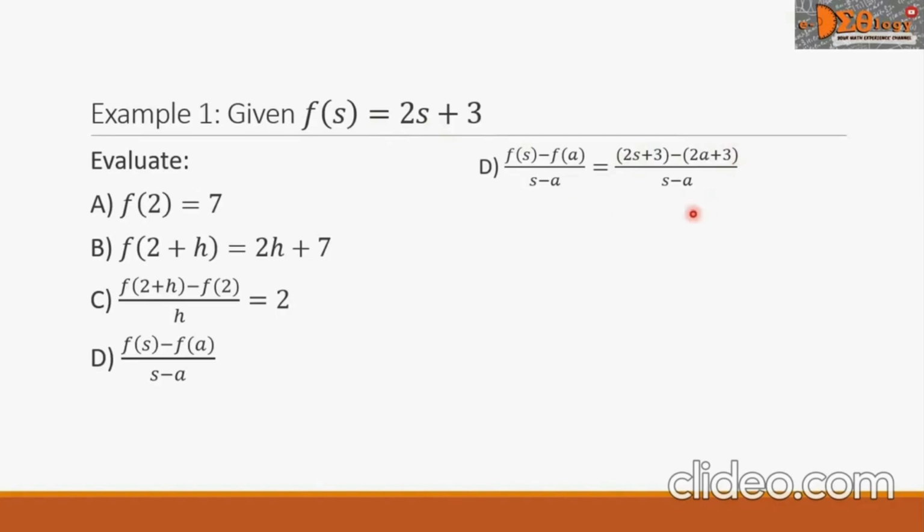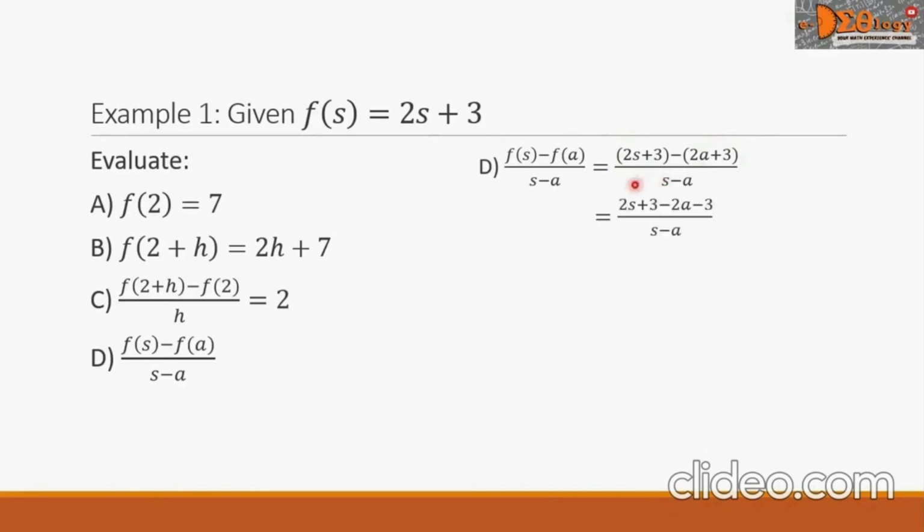Let us simplify further. Let us remove the grouping symbols respectively. In the first group, we can directly remove the grouping symbol. But for the second group, if we remove the grouping symbol, we need to change the sign of all the terms of the second group.